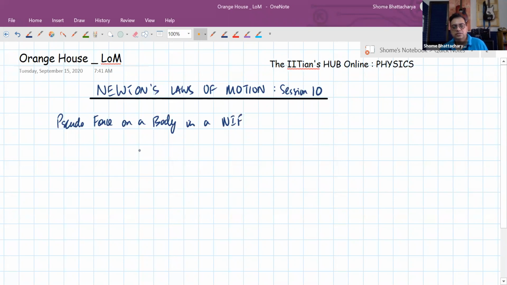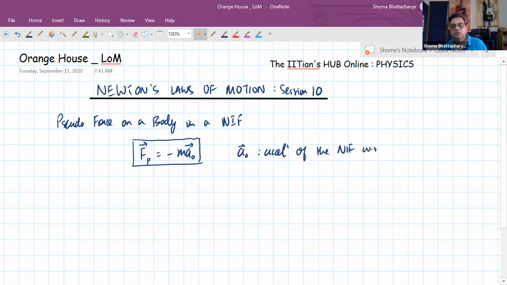We had seen that pseudo force was given by the relation minus m into a naught, where a naught is the acceleration of the non inertial frame with respect to the ground frame, and m is the mass of the body.